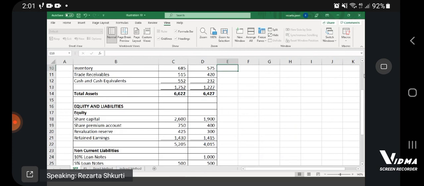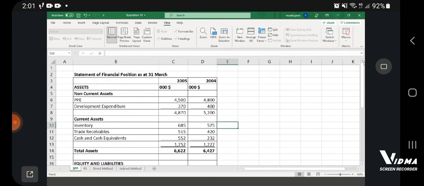The first thing before starting to prepare a cash flow statement is to read very carefully through the information we have, because everything in the statement of financial position that has changed from the beginning to the end of the period will have its impact in the cash flow statement later, okay?